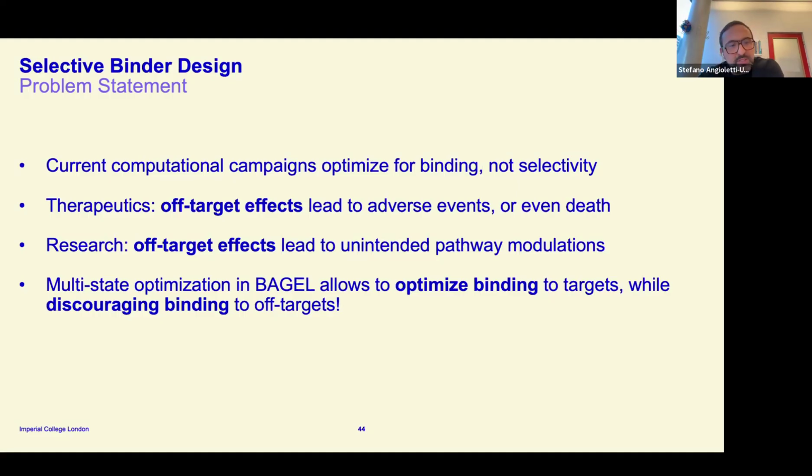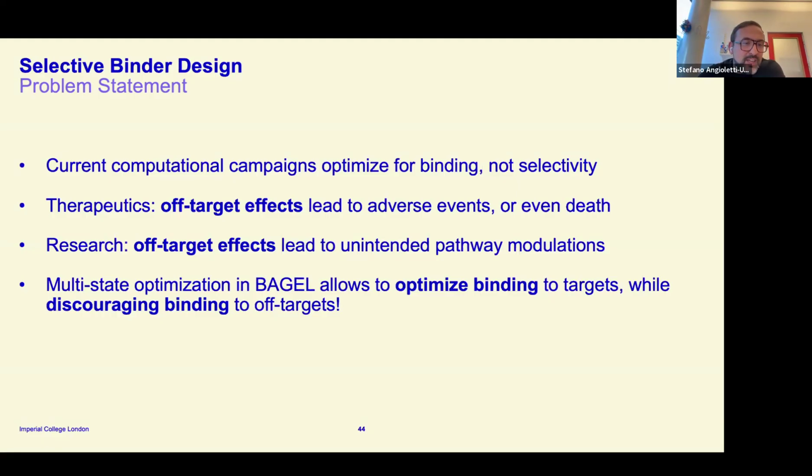This is fine for certain applications, but it's a big problem for others, especially therapeutics. For example, if you design a protein to bind to a cellular receptor, but instead of binding only to its target it binds to every single cellular receptor, you might actually be blocking important vital functions for the cell and eventually kill the cell. And you really don't want that.